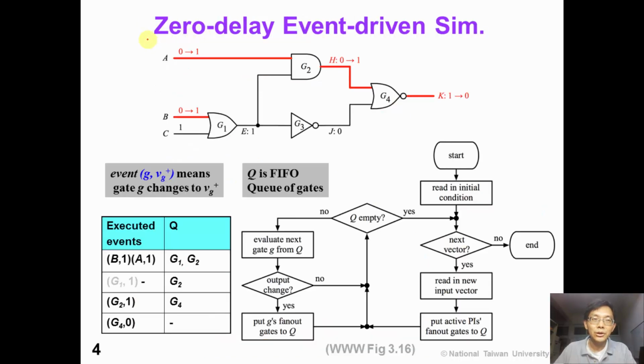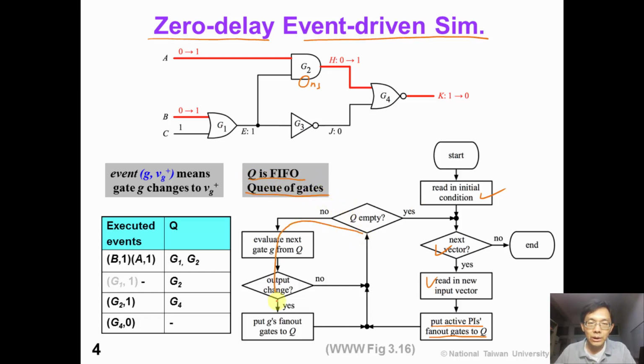This slide shows a zero-delay event-driven simulation example. In this example, all the gate delays are assumed to be 0. At the beginning, we read in the initial condition of the circuit, and we read in a new input vector. We put active primary input fan-out gates into a queue, which is a first in, first out queue of gates.